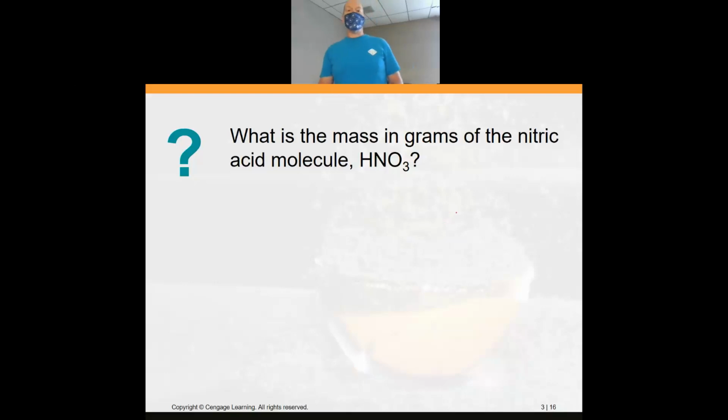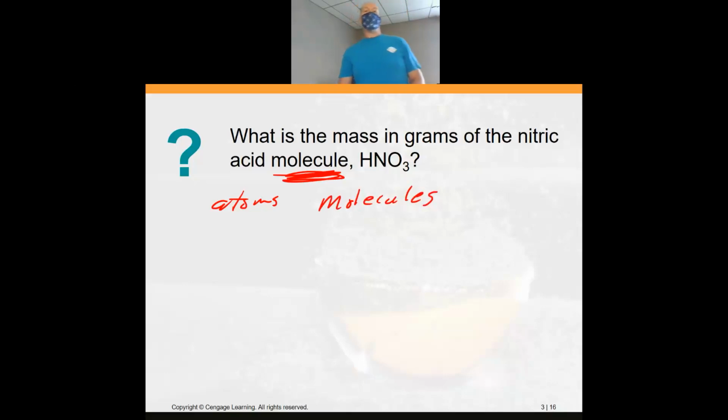All right, so what is the mass in grams of the nitric acid molecule? All right, so here is where we're going to talk about atoms and molecules. All right, so atoms, extremely tiny. Molecules, extremely tiny.